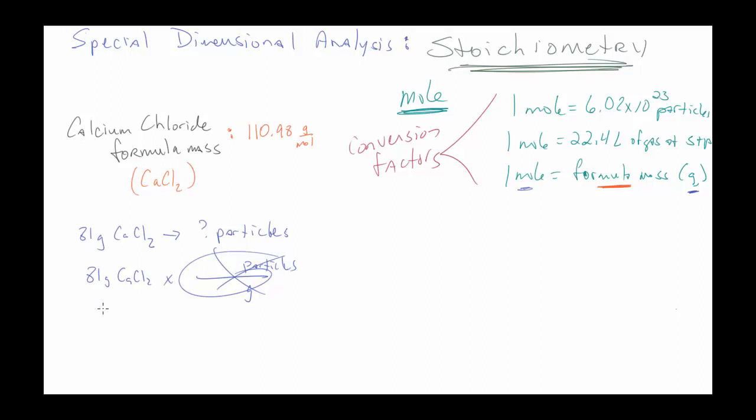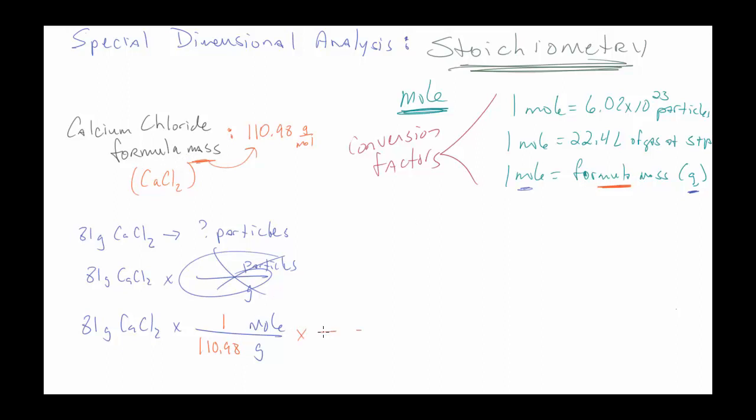So what we will say here is that we'll go and do this another way, and we'll say that 81 grams of calcium chloride, and then we'll set this conversion factor up here, and then we'll use what we can go to, and we'll say mole. And so this is where that 110.98 would go, because I know that for every 1 mole, I should have 110.98 because that's the formula mass for calcium chloride, and that's what goes there with that conversion factor.